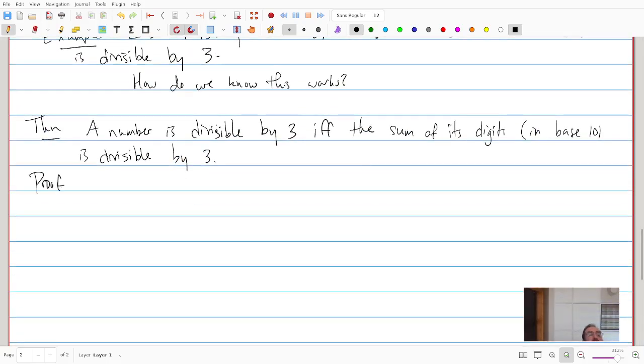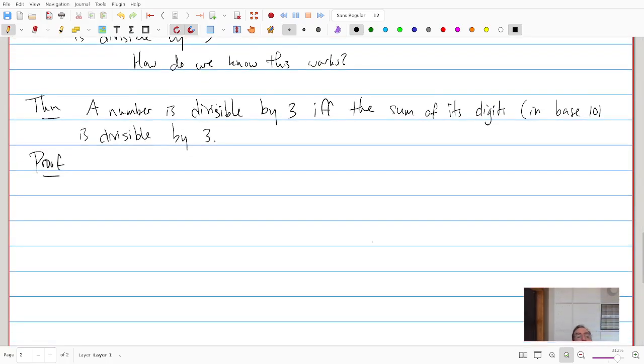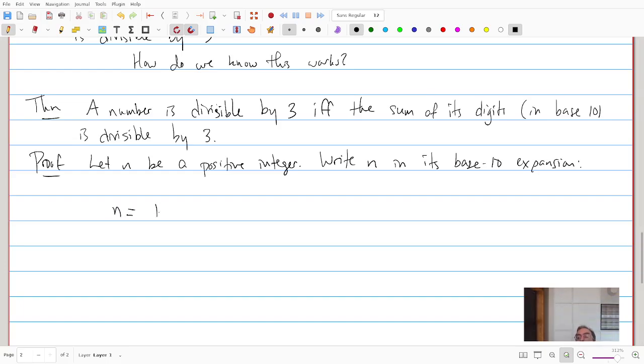Okay, what's the proof? So you maybe knew that theorem, but how do we prove it? So let n be a positive integer. We're going to write n in its base 10 expansion: n equals 10 to the k times dk.